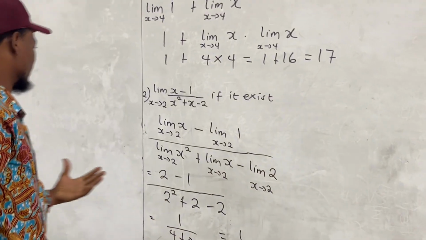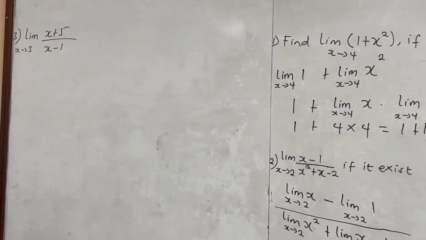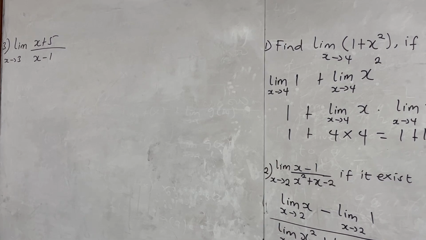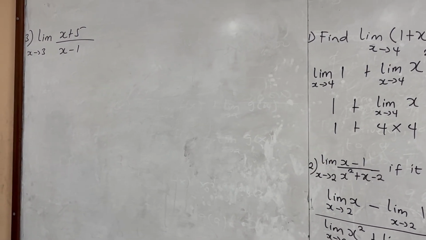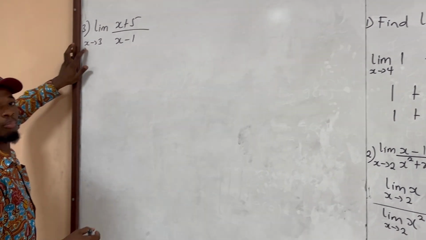Let's consider this question: the limit of the expression x plus 5 over x minus 1 as x approaches 3.